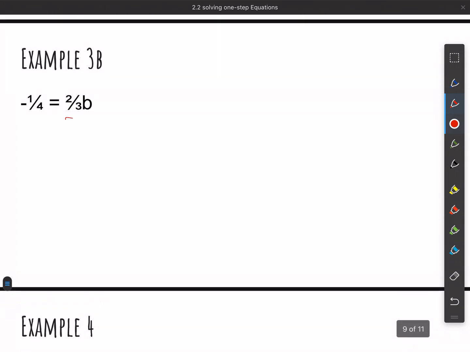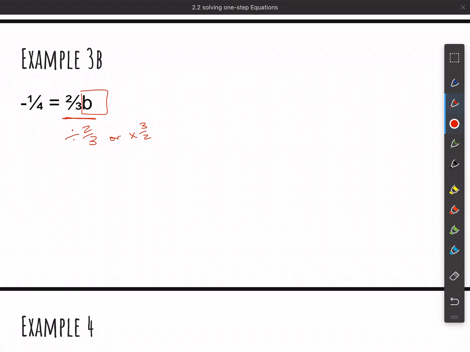Here, same deal, right? This is being multiplied by b. To get b by itself, I must divide by 2/3, which is the same thing as multiplying by 3 over 2 to both sides. So they mean the same thing, because when you divide by a fraction, you're really flipping it and multiplying.